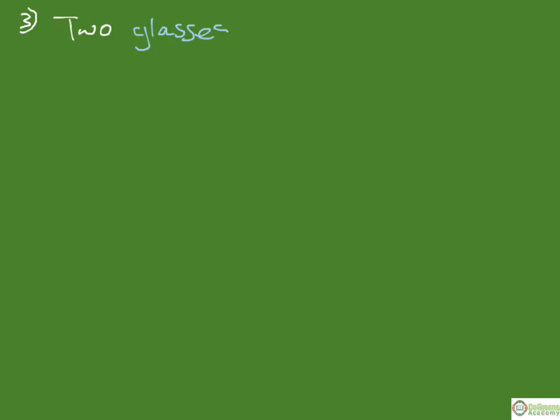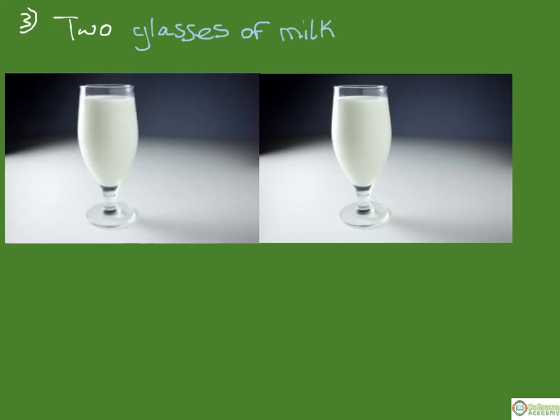And so the next is 2 glasses of milk. We can only say 2 glasses of milk and not a milk. Can you bring 2 glasses of milk, please? We can't say 2 milk or a milk.